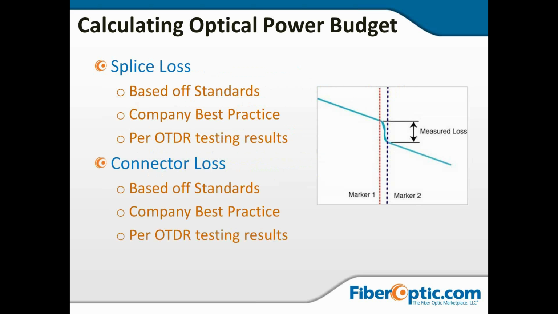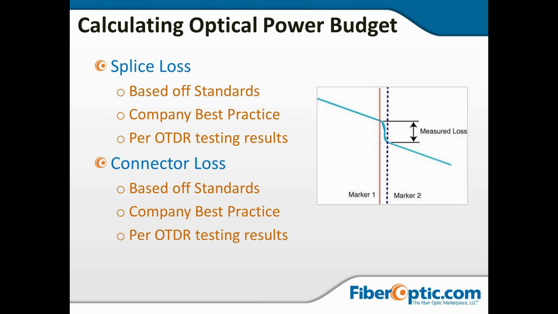Splice losses and connector losses. Now in both of these, we have to look at how we are going to design. As Jessica said in her introduction, fiber optic design is more about asking the right questions than having all the answers. And in this case, we've got some questions to ask.